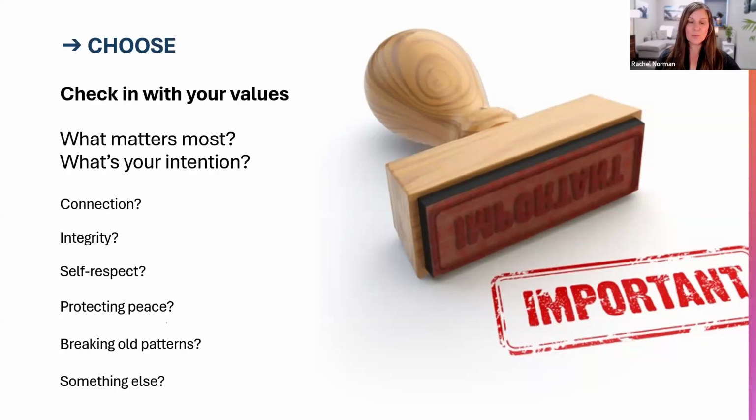So checking in with that part of you that knows what it is that you want. And sometimes there's no right answer, right? Your values might change from one situation to another with the same individual even, but just thinking about that as a component of being able to frame your interaction according to what's most important to you.